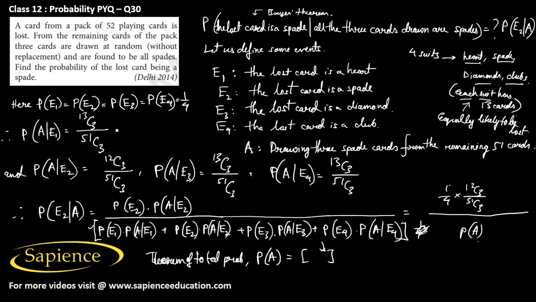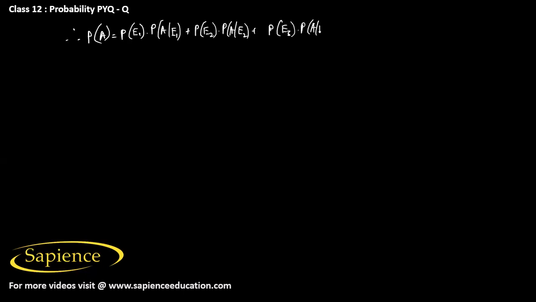Therefore, the probability that all 3 cards are spades will be P of E1 times P of A given E1, plus P of E2 times P of A given E2, plus P of E3 times P of A given E3, plus P of E4 times P of A given E4.